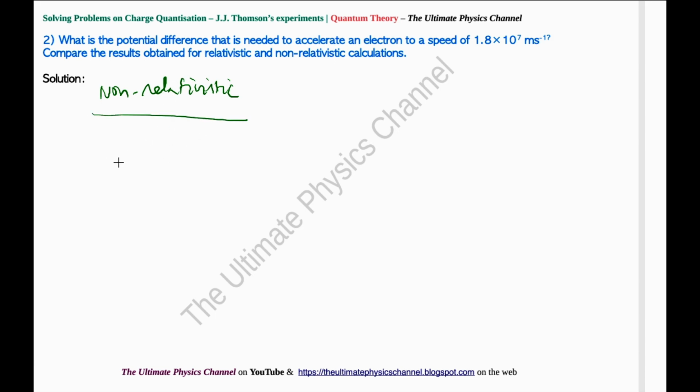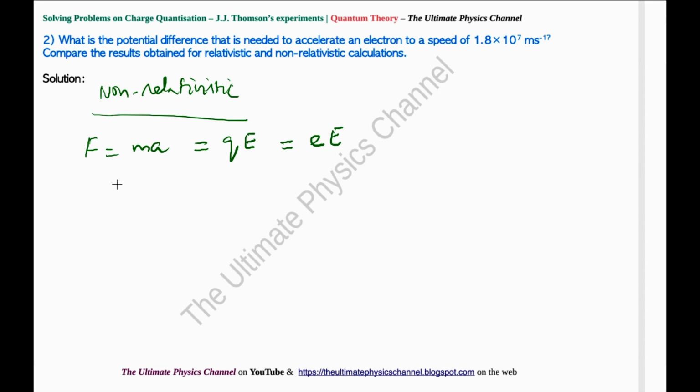For the non-relativistic part, we have to use just directly force is equal to mass times acceleration, Newton's equation, which is equated to the electric force on the electron, that is Q times E. In this case, charge of the electron is small e, so we say it is e times capital E. Now we need the potential, right?